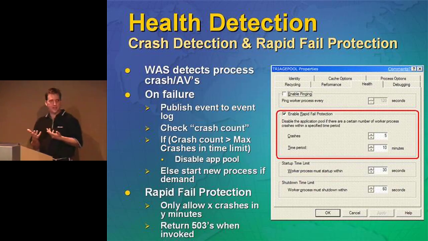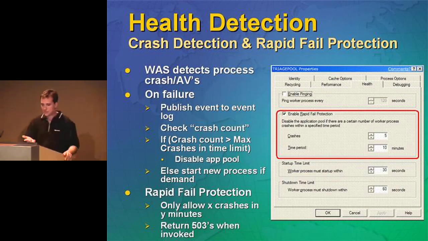If you configure IIS with the number of crashes in a certain time period, and it detects that the web app is going down, it will put it in this rapid fail protection state, where it essentially disables the app pool and publishes an event to the event log.